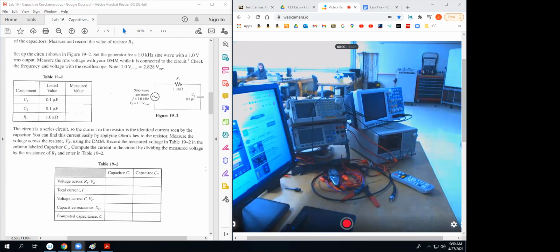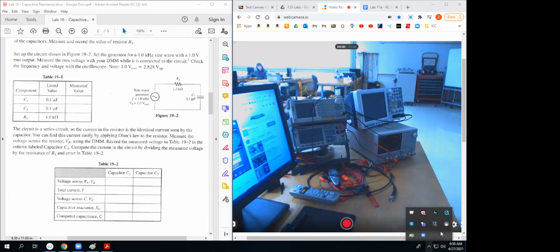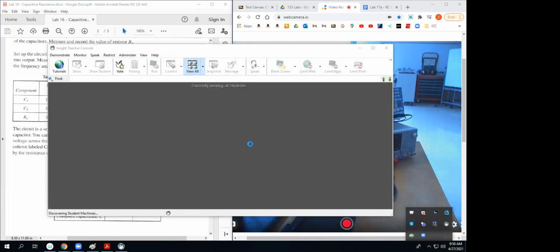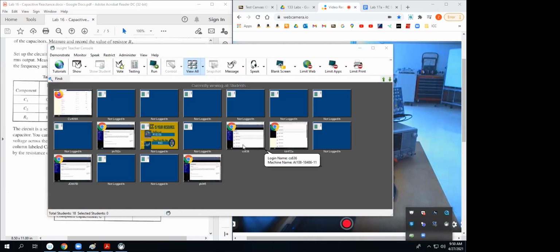There's lab 17, but back to 16. Copies of 16. No, but I can print one for you.